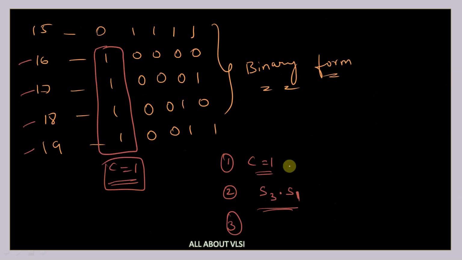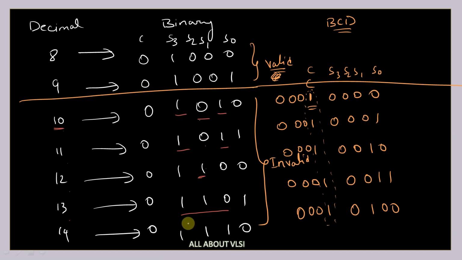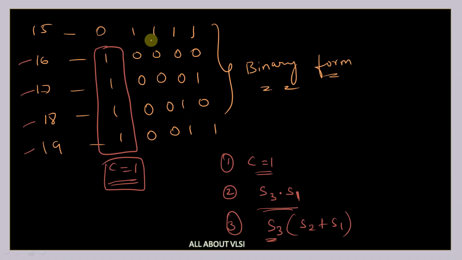So I can frame this as S3 into S2 plus S1. That means if S3 is high and either S2 or S1 is high, or both of them are high. I can also consider the 14th case, and the 15th also I can write down the same. So these are the conditions which I've got.